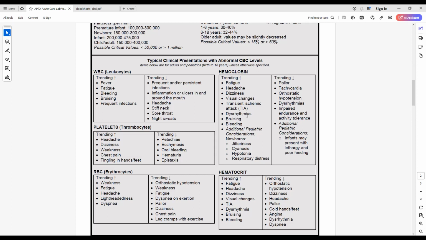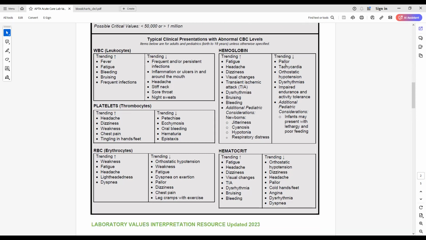Dysrhythmia of the heartbeat, bruising, bleeding, and additional pediatric consideration in pediatrics and newborns, like jitteriness, cyanosis, hypotonia, and respiratory distress. How about if the hemoglobin is low?